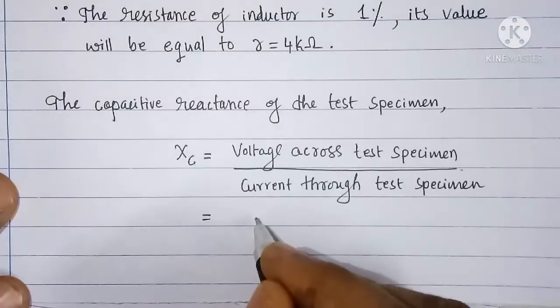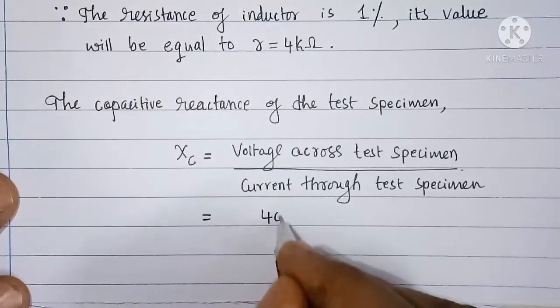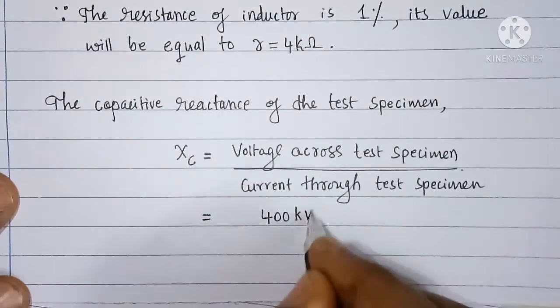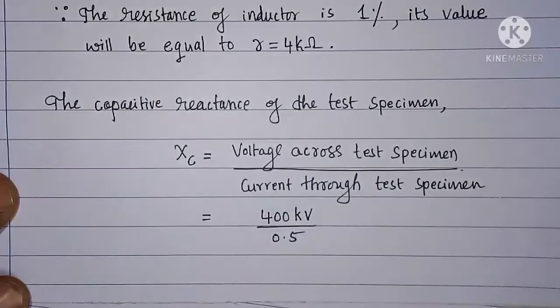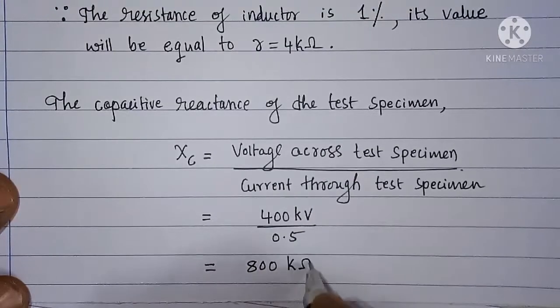That is equal to 400 kV divided by 0.5, which becomes equal to 800 kilo ohm.